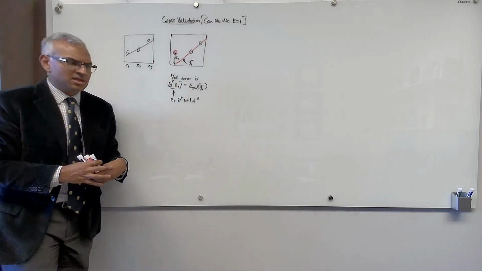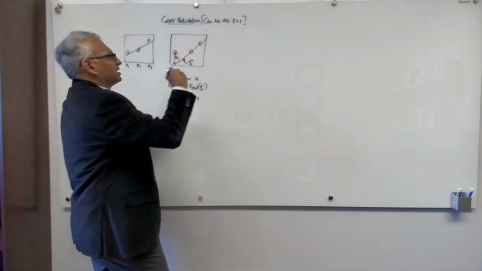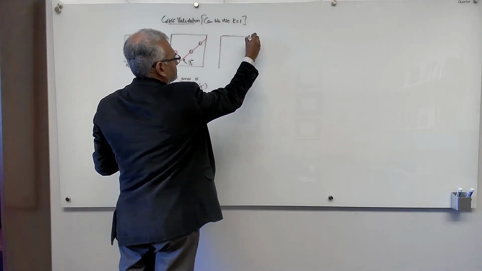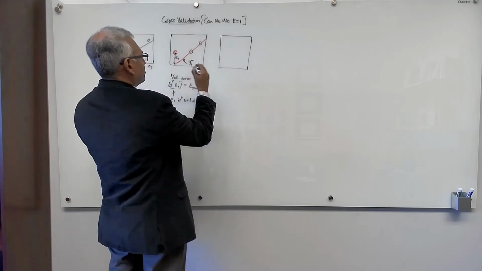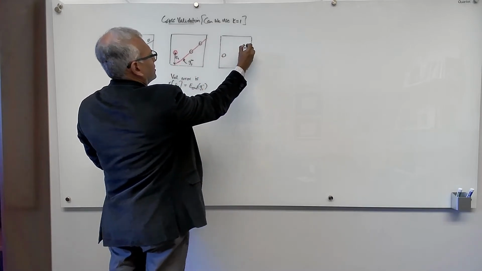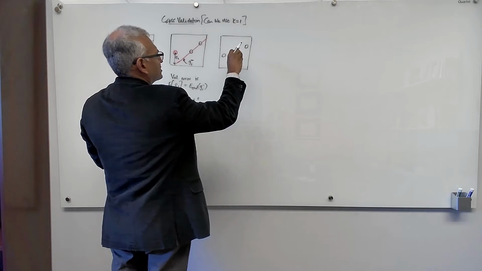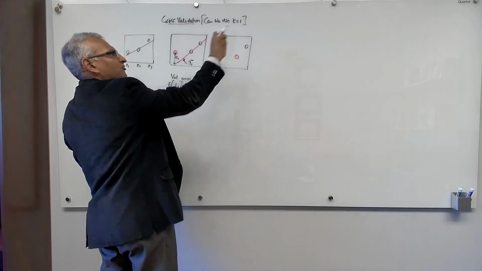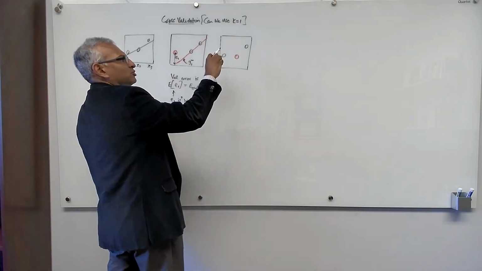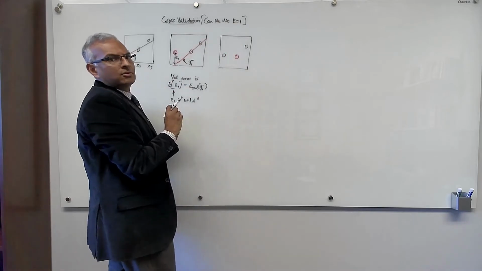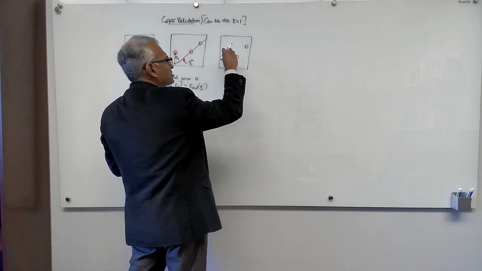So let's see what happens if I leave out another data point. This is if I leave out data point x2. So I have this guy, that guy, and I've left out this guy. My learning is producing the deficient hypothesis that fits the data that remains in the training set, which is this.